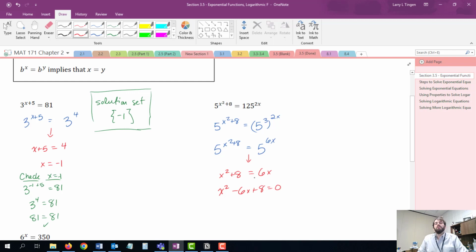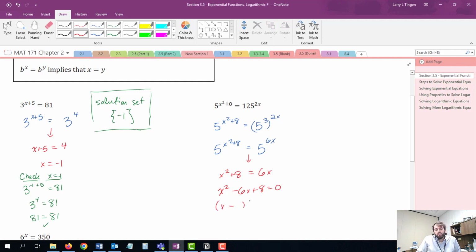If you get there and get stuck, remember what kind of equation you have, right? On the previous problem, this was linear, so just get x on the side by itself. This one's quadratic, so that means everything goes to one side, and then we try to factor. Two numbers that multiply to positive 8 and add to negative 6.